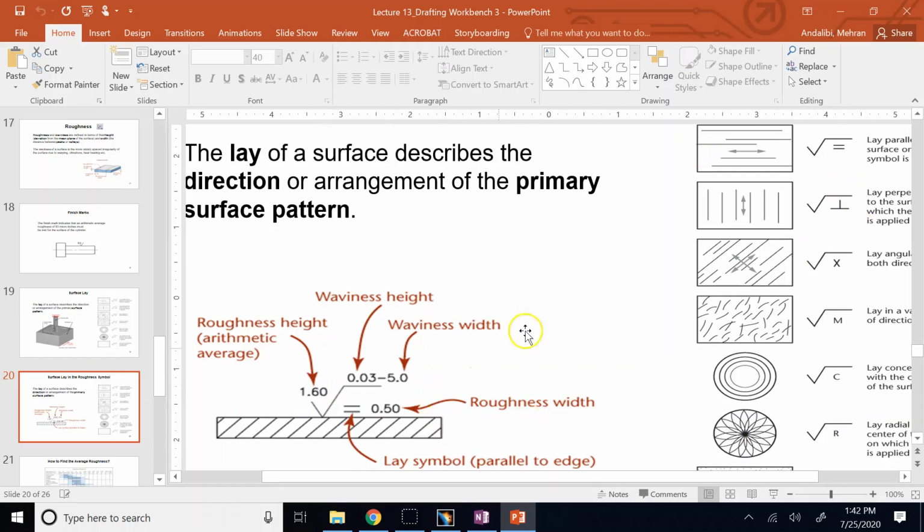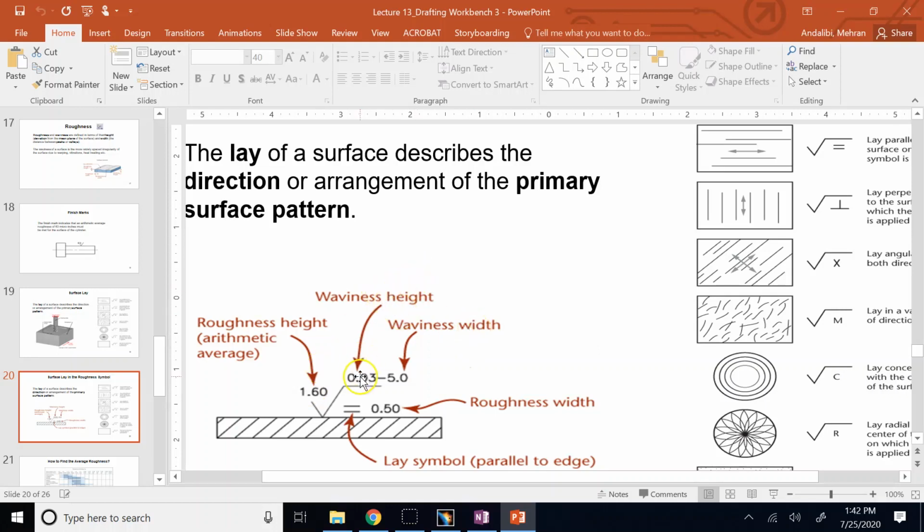So if everything is in inches, this is 1.6 micro inches. Remember the tolerances in those tables, they were millis, right? 10 to the negative 3. This number here that you put, it is always in micros, okay? It's 10 to the negative 6. So the amount of average roughness of the surface is 1.6 micron.